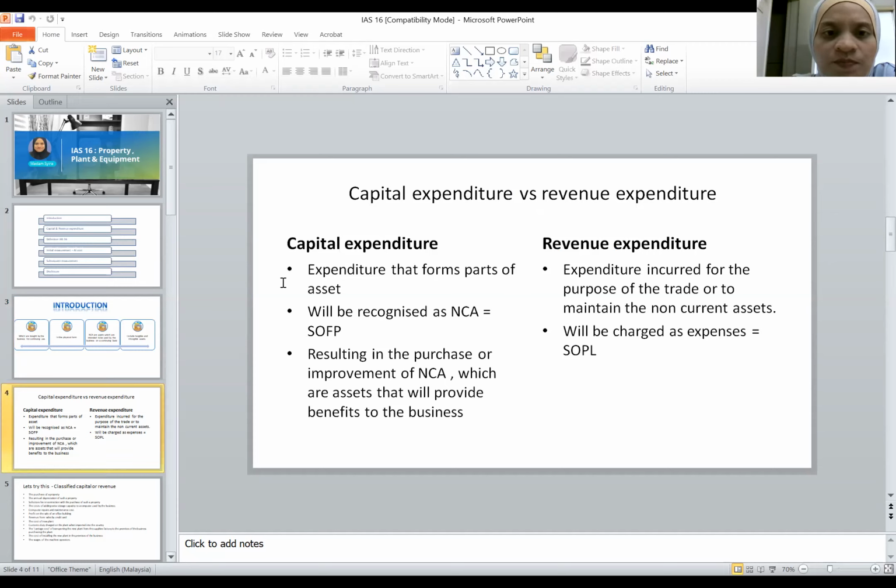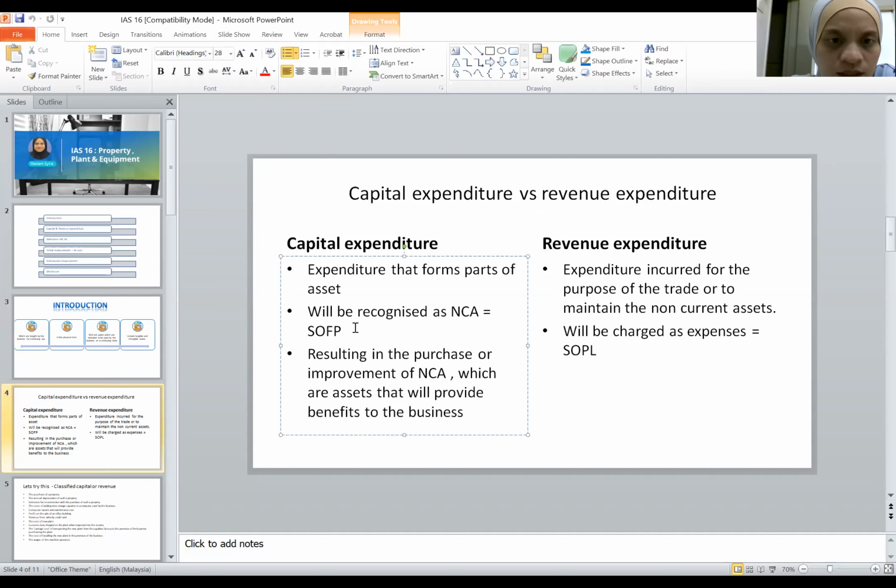Capital expenditure forms part of the asset and is recognized as a non-current asset in the statement of financial position, resulting in the purchase or improvement of non-current assets, which are assets that will provide benefits to the business. For example, you bought a house.